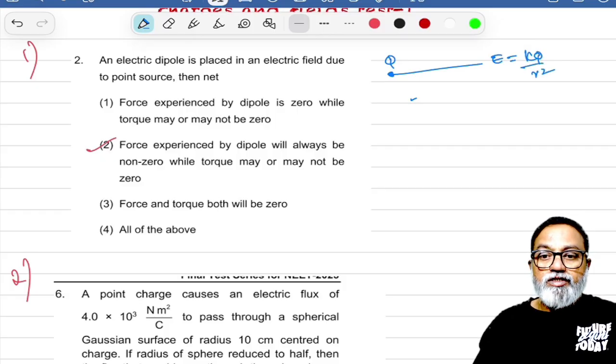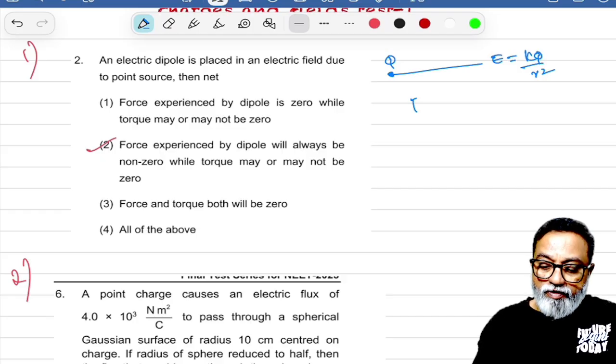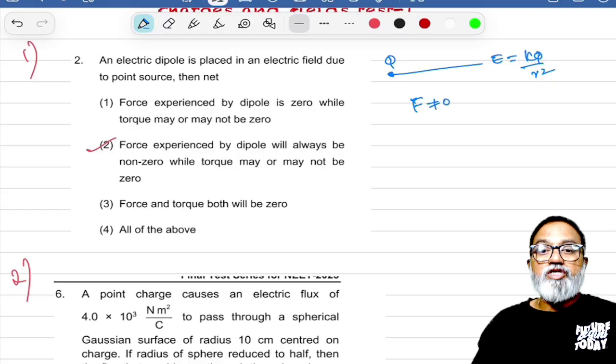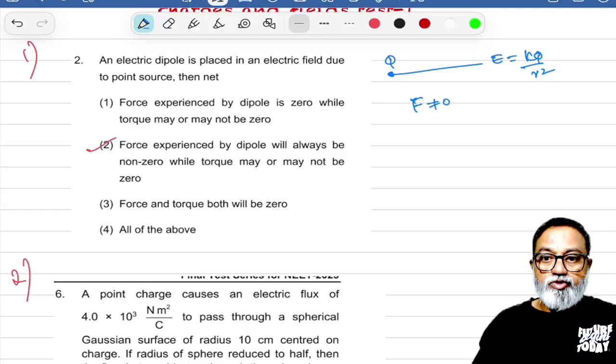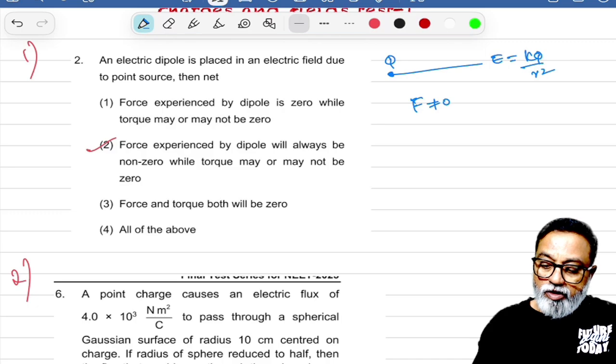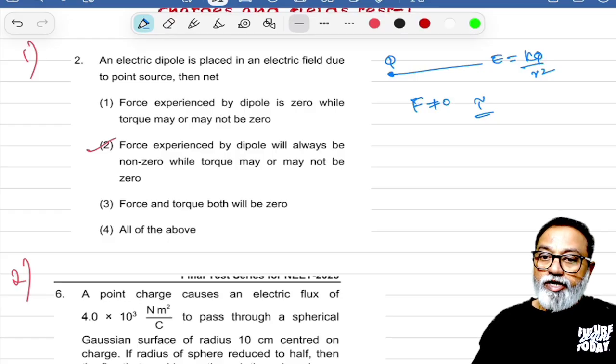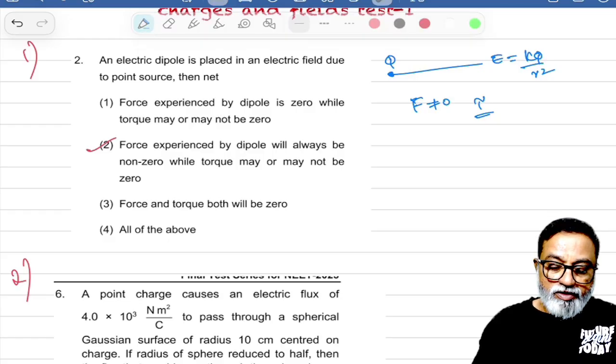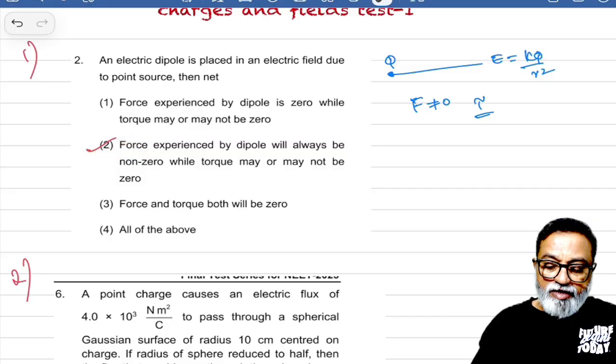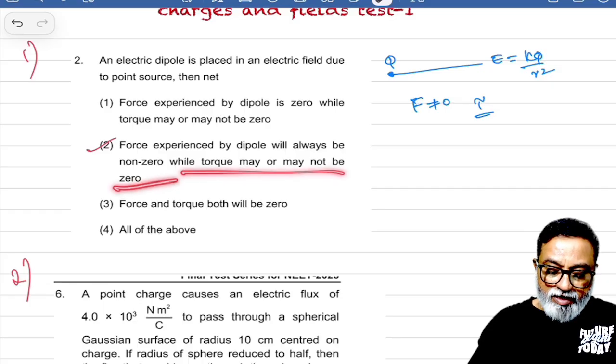For a point charge, the field is a non-uniform electric field. Therefore, in non-uniform electric fields, the net force does not equal 0. And also, torque may or may not be 0. That depends on the orientation of the dipole. Therefore, the answer is: force experienced by the dipole will always be non-zero, while torque may or may not be 0.